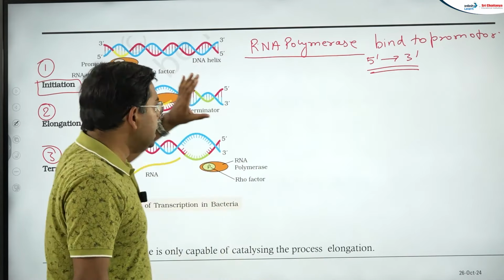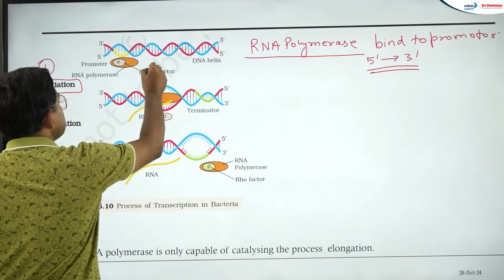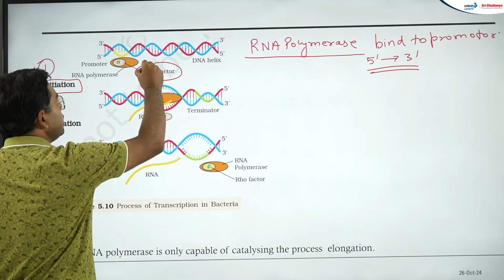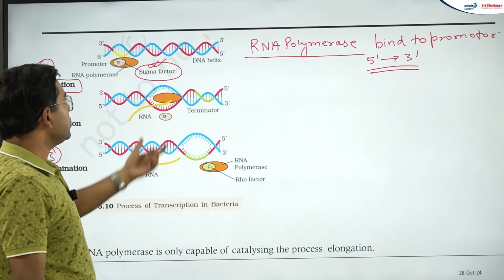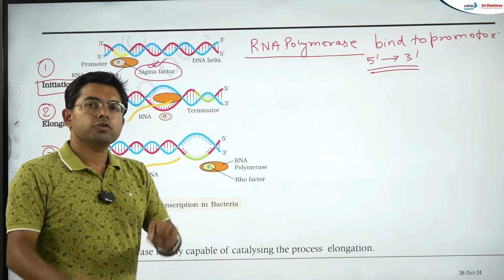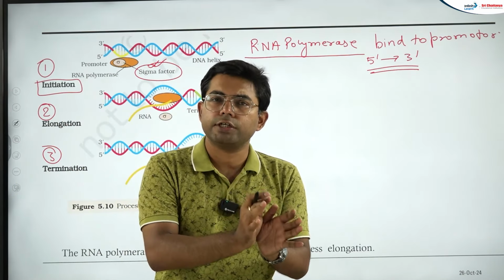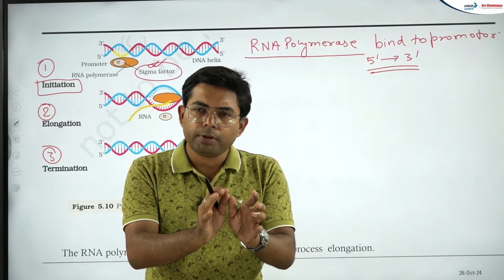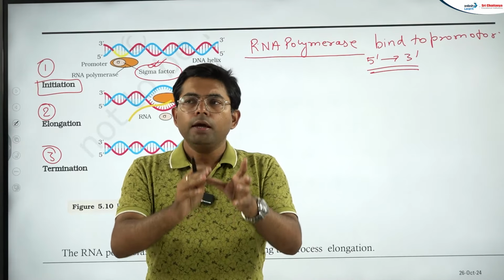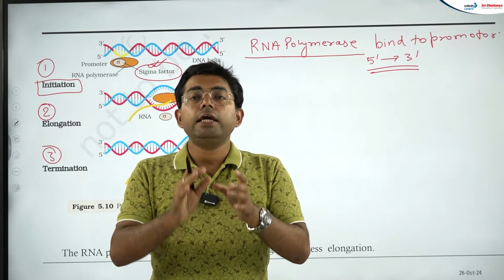Now here the initiation part is favored by another factor along with RNA polymerase, called sigma factor. So sigma factor has a very important role to play in initiation. RNA polymerase solely has the active role in elongation.